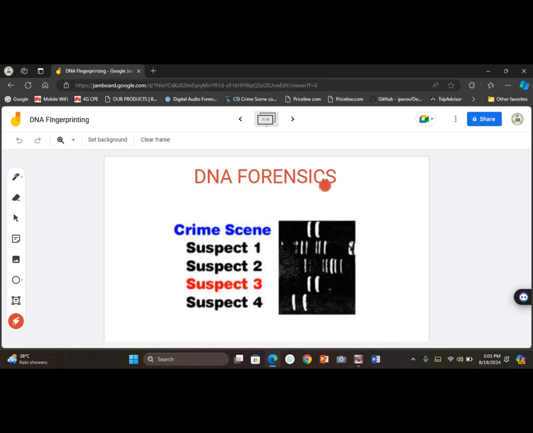Forensic science is the art of piecing together a crime scene in order to determine how the crime was committed, who was responsible, and at times how the thing was done. So at a crime scene like this, you have suspect 1, suspect 2, suspect 3, and suspect 4.